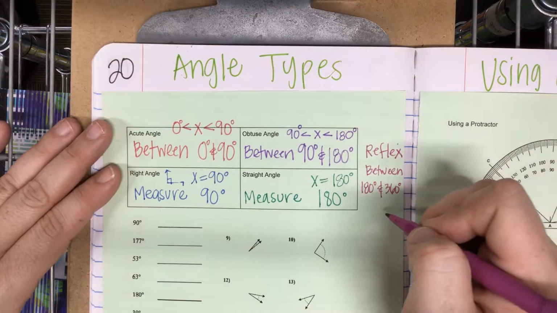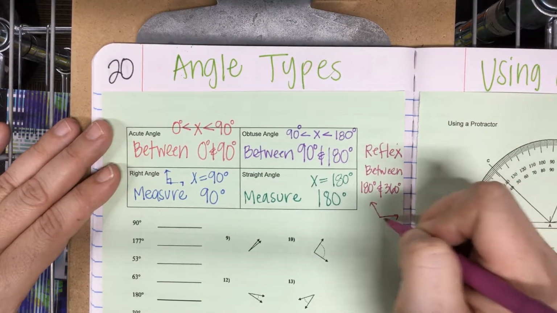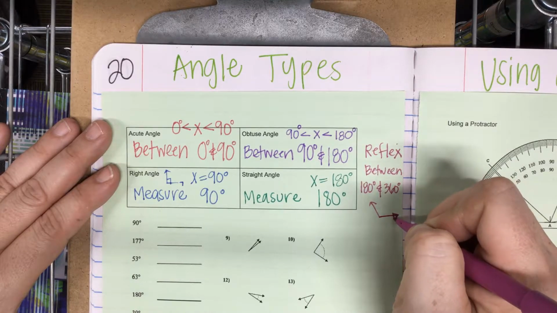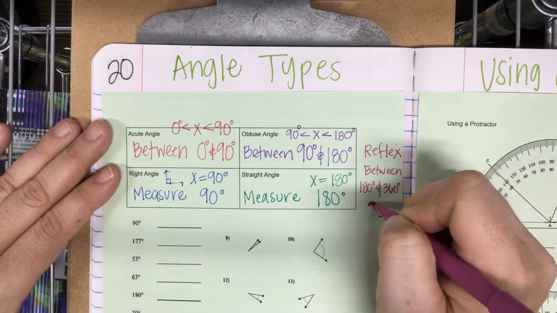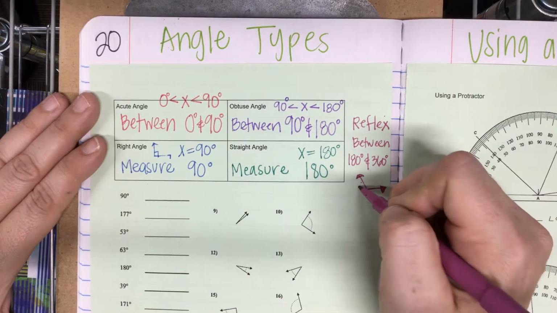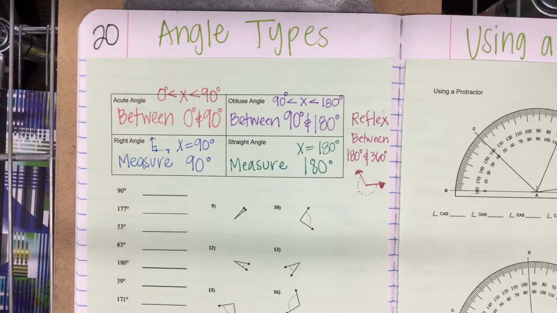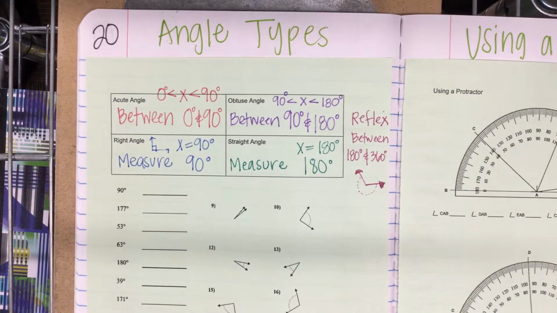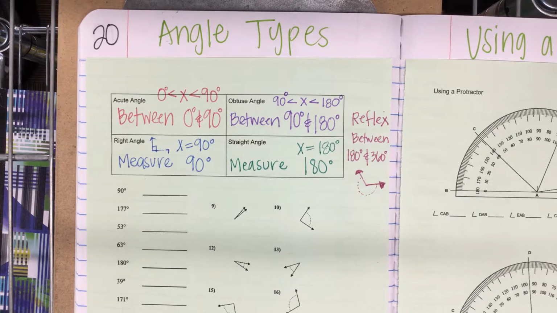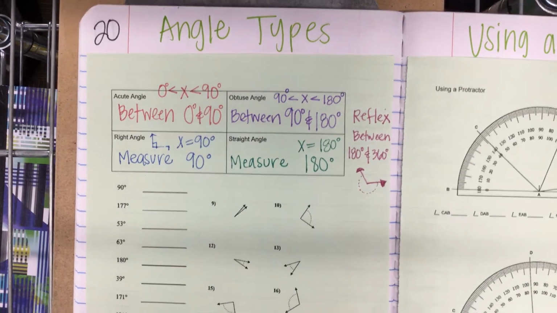So if I had an obtuse angle, do you agree that this is obtuse? Right here is obtuse. The reflex is the outside of it. It's the other part that we don't really measure or talk about. We don't do a whole lot of reflexes, but just so that it's there in your brain. That's a full circle.